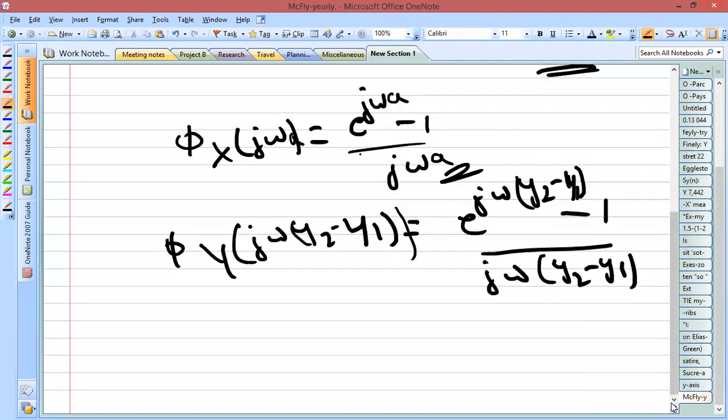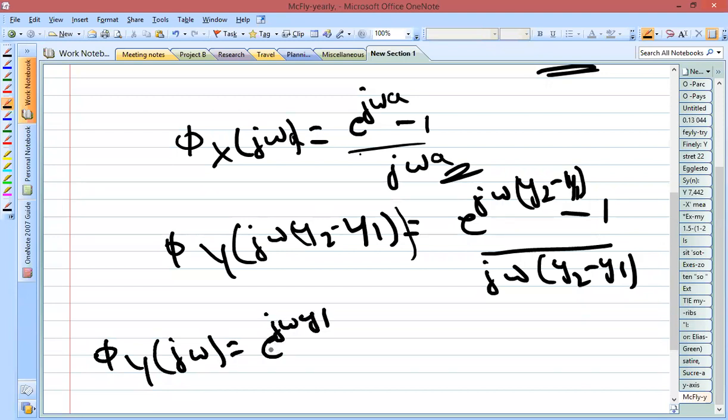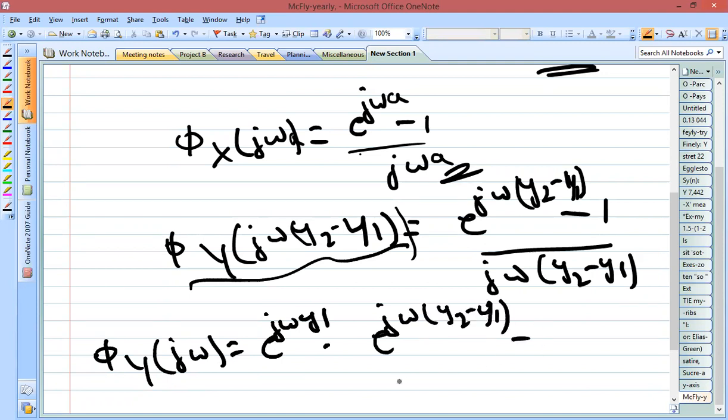In the next step, we can write phi y of j omega is equal to e to the power j omega y1, that is nothing but e to the power j omega b, into, substituting this equation here, e to the power j omega (y2 minus y1) minus 1, all divided by j omega (y2 minus y1).